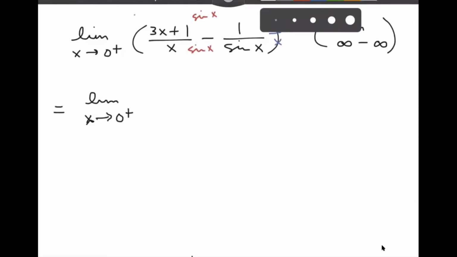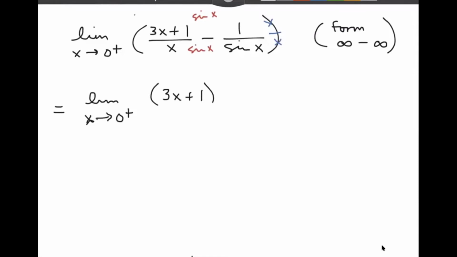And that is going to give me (3x plus 1) sine x minus x over x sine x. So I think this one's going to be a little messy. But let's see what we can do with this.